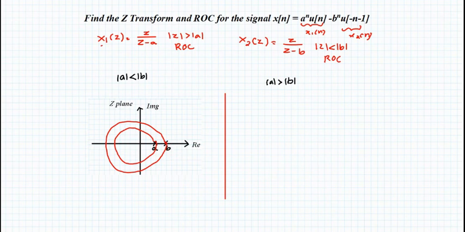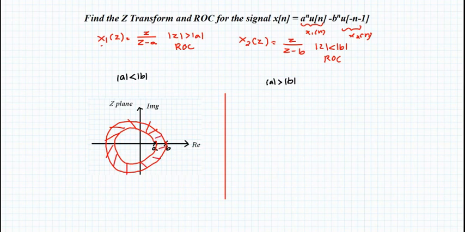One case is modulus of z greater than a, and it is greater than a, meaning exterior to the circle a. So this is the region of convergence of the first signal, x1 of z.